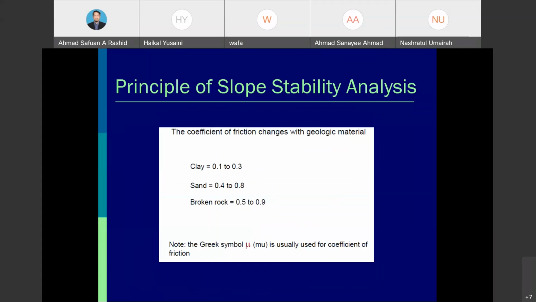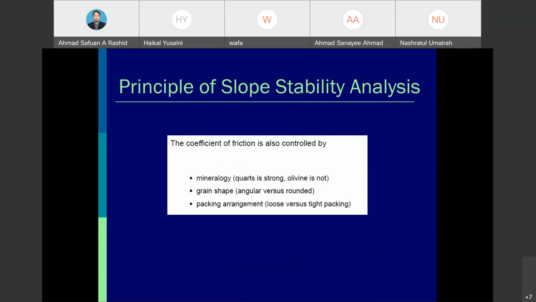So the coefficient of friction changes with geologic material, where clay is less in terms of friction compared to sand and broken rock. The Greek symbol mu is usually used for coefficients of friction. The coefficient of friction is also controlled by the mineralogy. Quartz is strong, olivine is not.